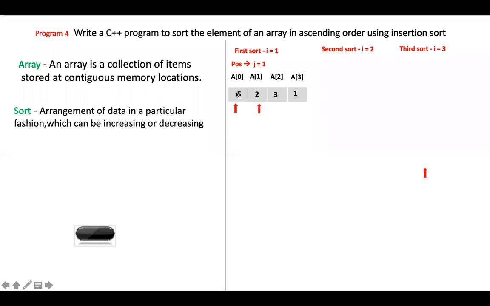We cannot do the shifting directly, because if we shift the value 2 from here to 5, 5 gets erased and 2 will be entered. Now how will we shift 5? Since 5 got erased, we will not be able to shift 5 to our second memory location. So we'll use a temporary variable so that we can exchange the values.